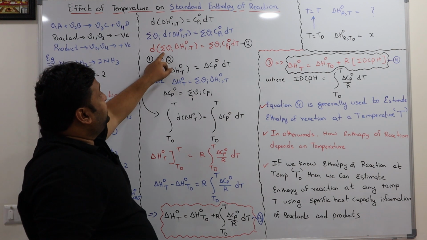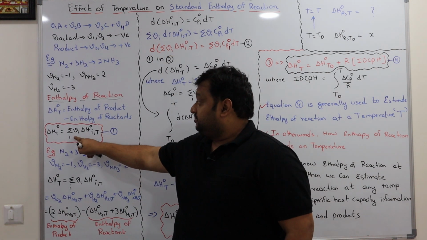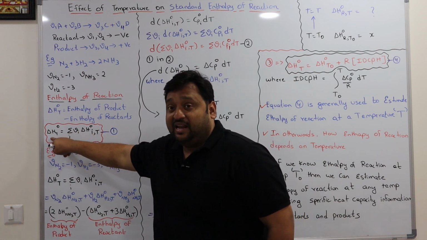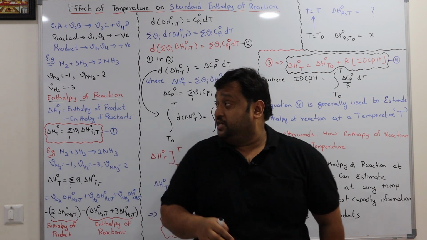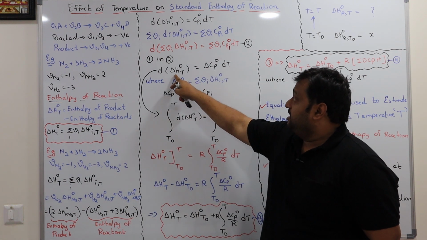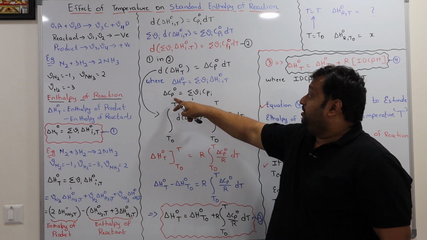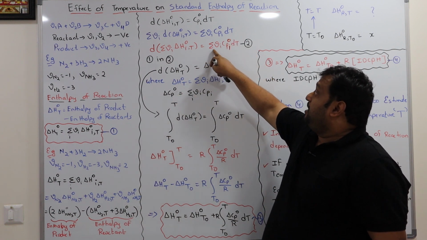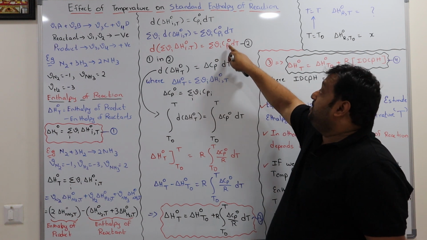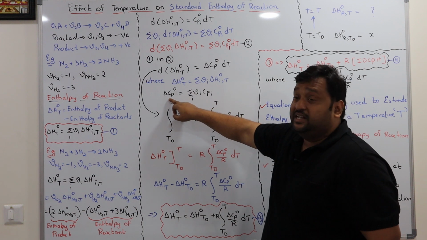As we already know, sigma nu_i delta H_i at T is nothing but the enthalpy of reaction. So substitute the enthalpy of the reaction in place of sigma nu_i delta H_i at T. Similarly, sigma nu_i Cp_i is nothing but delta Cp degree.